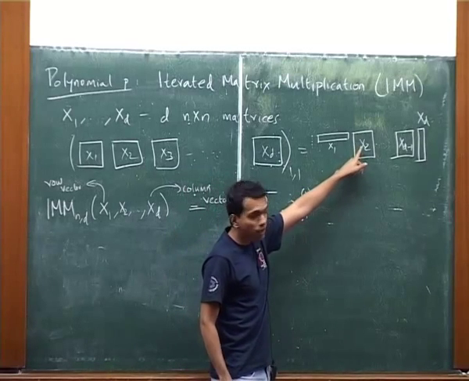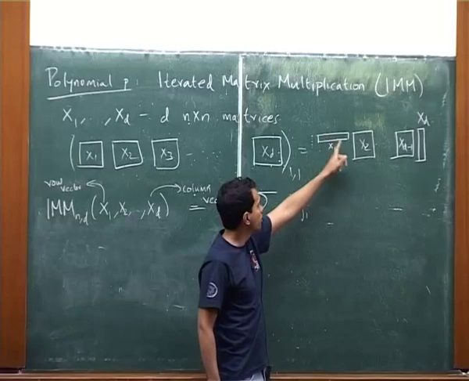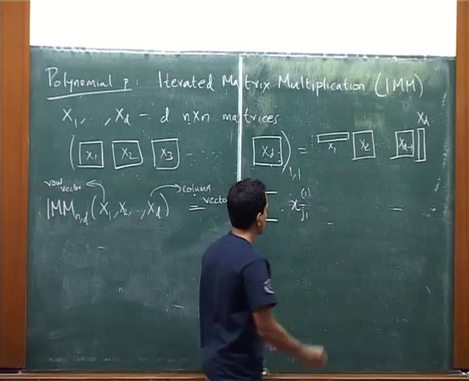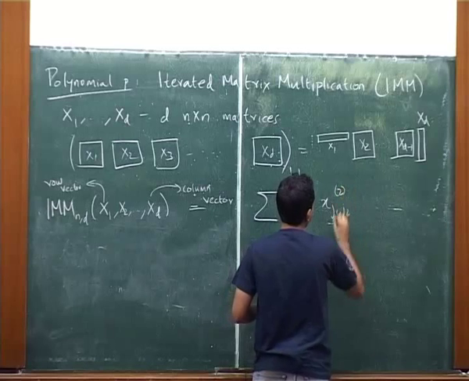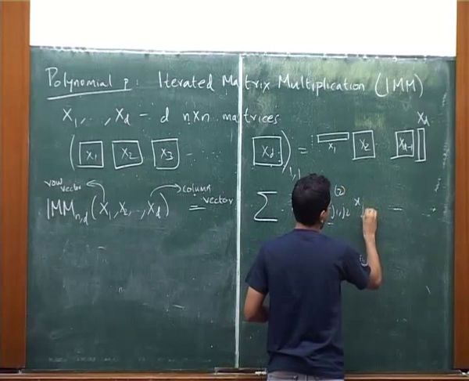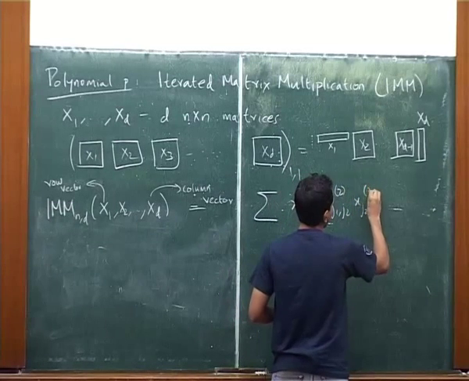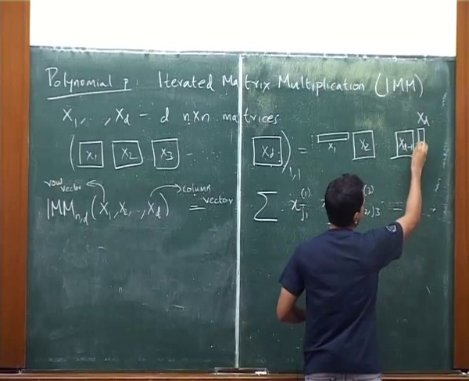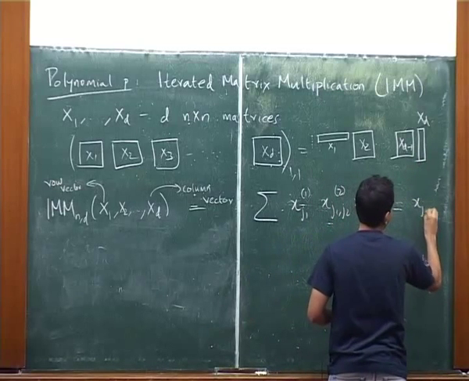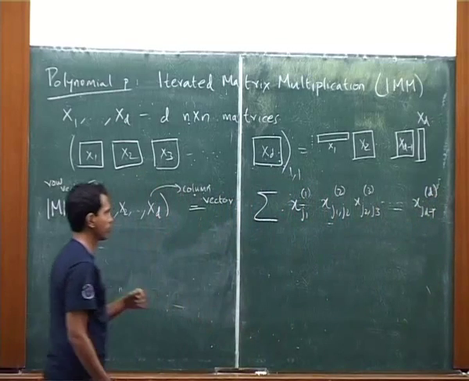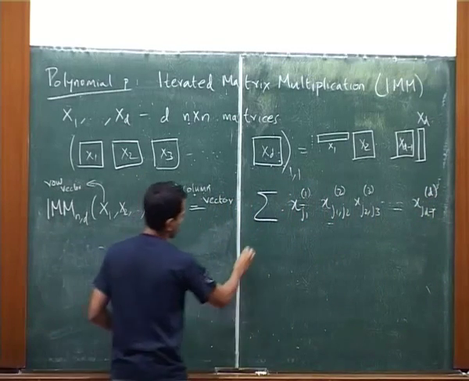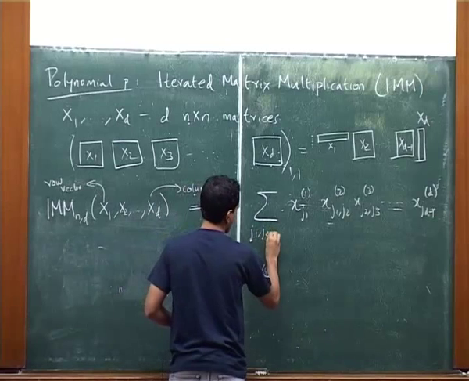Then I multiply it with some entry here, which has to be in the j1th row. So I take x, j1, j2 in the second matrix. Then x, j2, j3 in the third matrix, and so on until in the final thing you take this and you sum over all choices of all these indices.